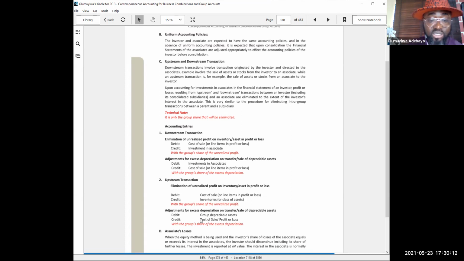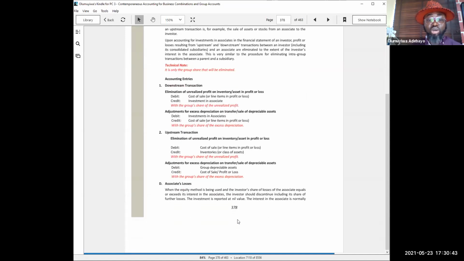Likewise, the excess depreciation adjustment will be a debit adjustment to the group PPE, and a credit adjustment to the group profit or loss, which more or less is a reduction in the amount of cost of sales. That is provided you treat your depreciation within cost of sales. If not, it will be adjusted against the element of administrative expenses.